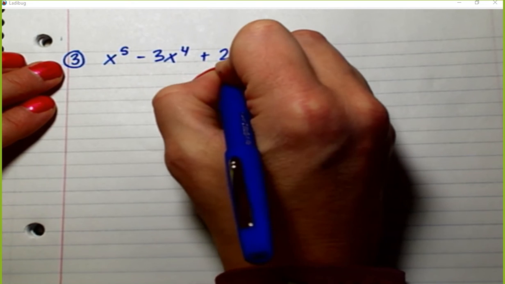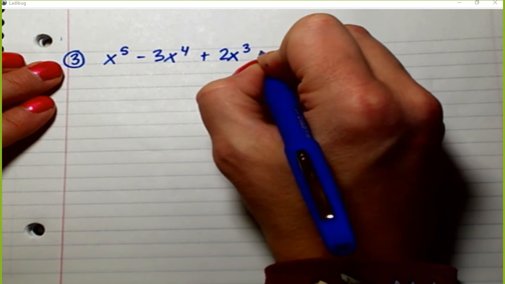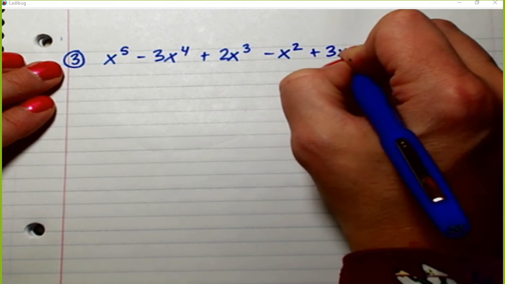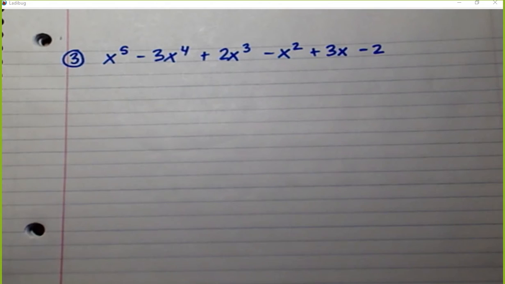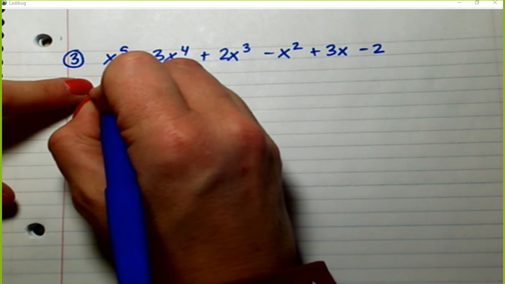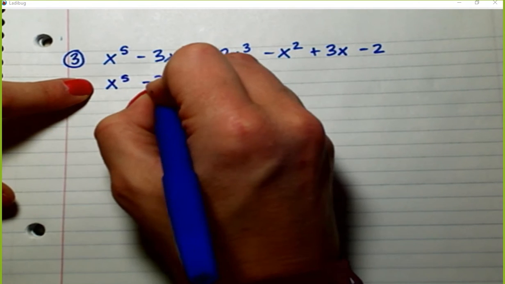Minus 3x to the 4th, plus 2x cubed, minus x squared, plus 3x minus 2. Now I'm going to write that problem twice because I want to show you what the 2 possible groupings could be. So I'm just going to leave one line here and write it again.